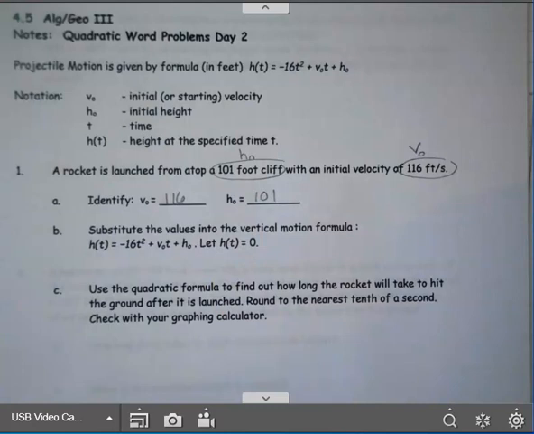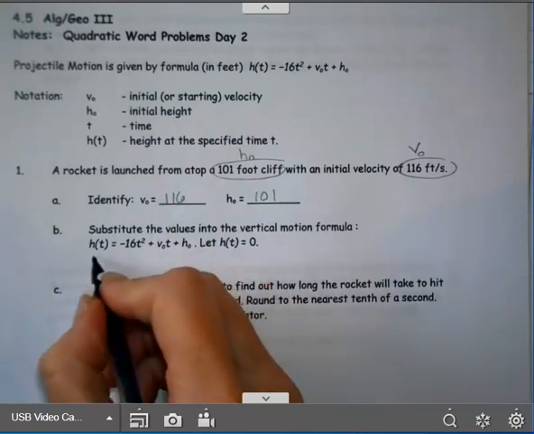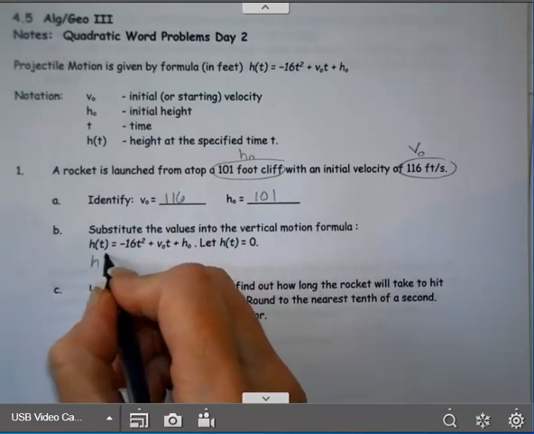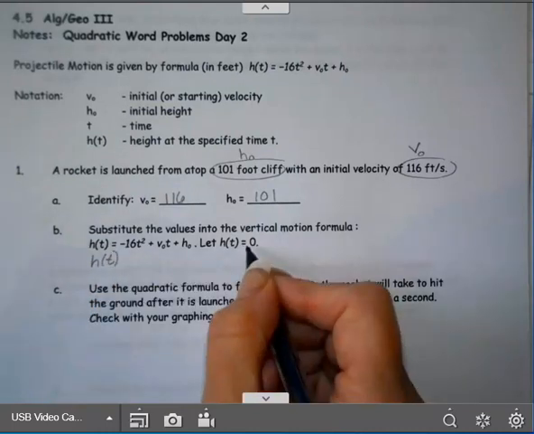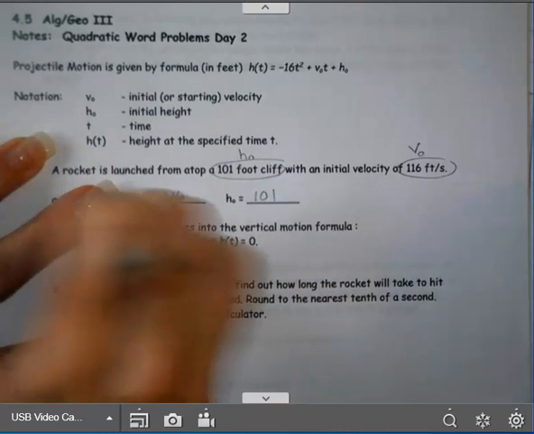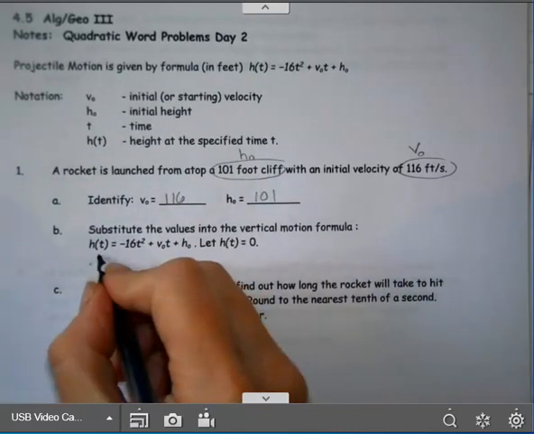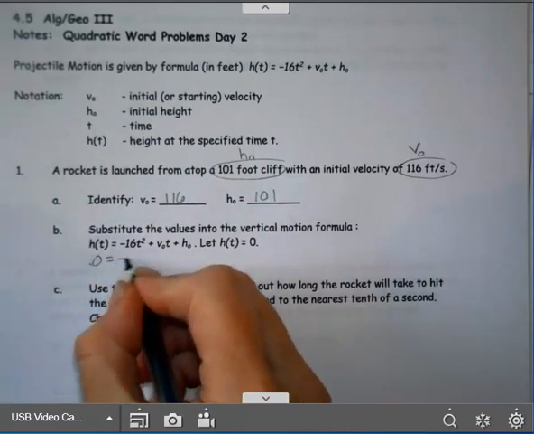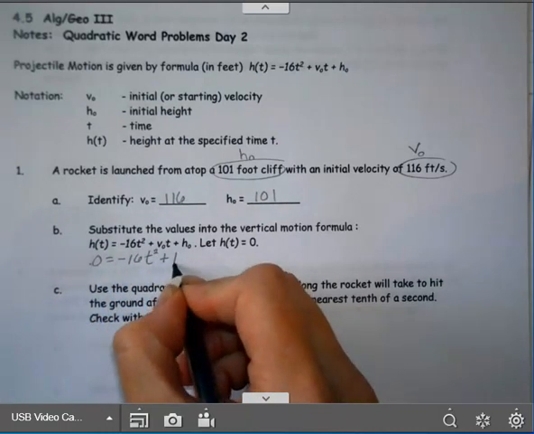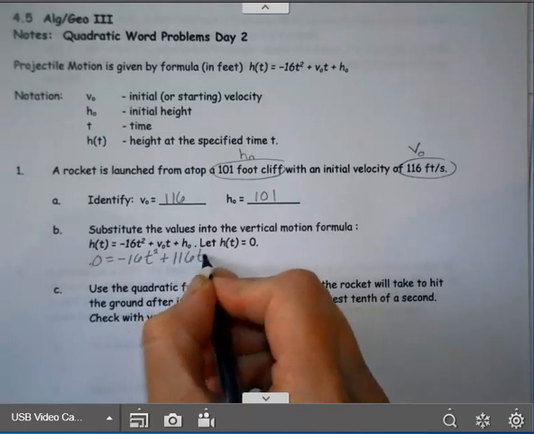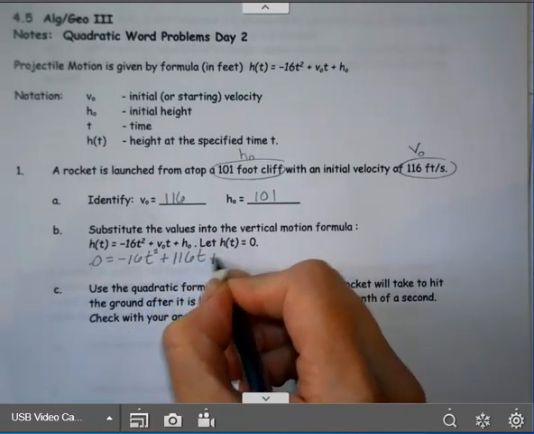And we're going to substitute those values into the vertical motion formula. Oh, it said let h equal 0, so let's go ahead and let h equal 0 here. So I have negative 16 t squared plus my initial velocity plus my initial height.